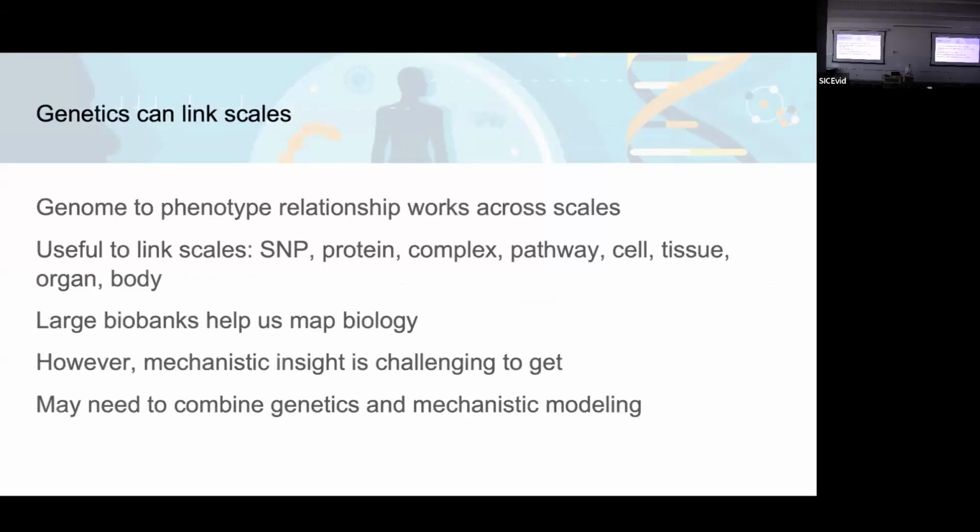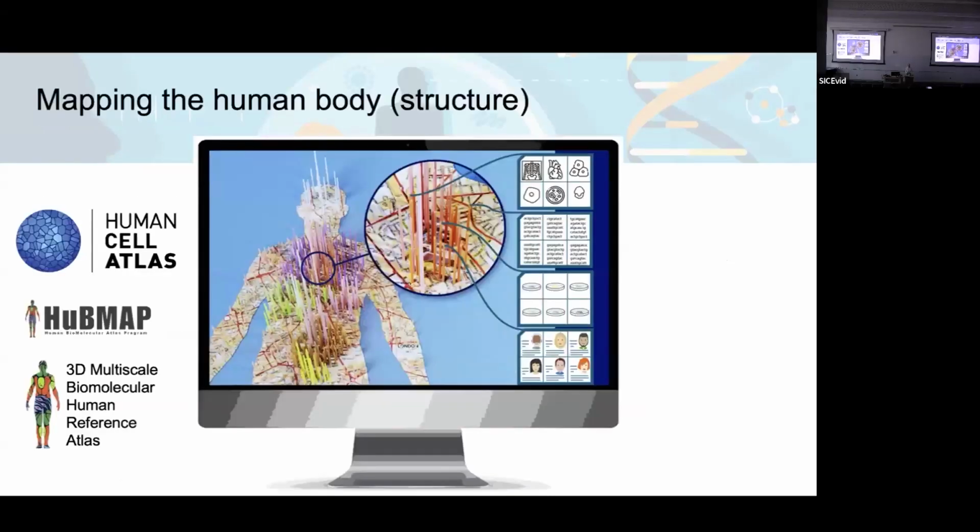Genetics is going to be important because that provides us a lot of multi-scale information, because we have a lot of information about how mutations affect different systems at different scales. Like a mutation can affect a protein, a complex, a pathway, all the way up to a whole body to cause a disease. And there's large biobanks that contain much of this information that we can use. And so we'd like to combine that information together.